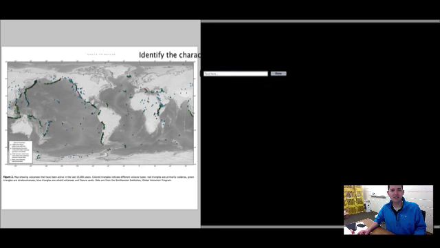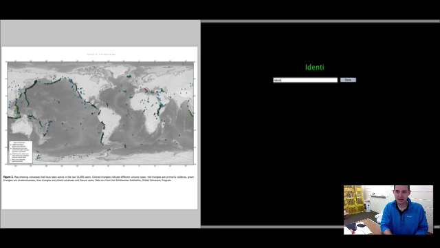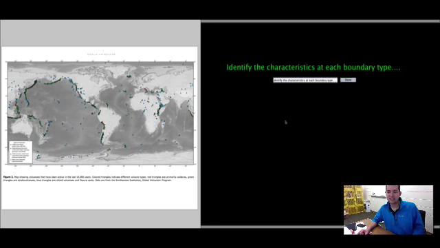Change the color on this so we can see that. So we're going to look for characteristics at each boundary type.